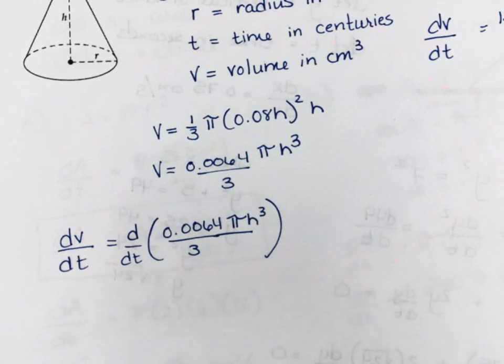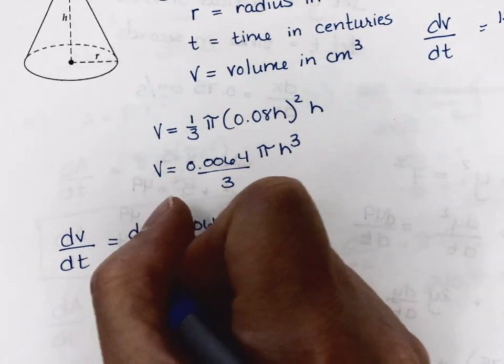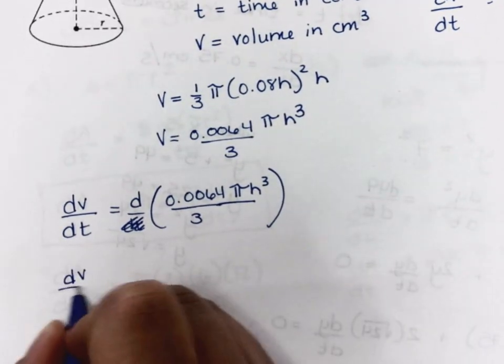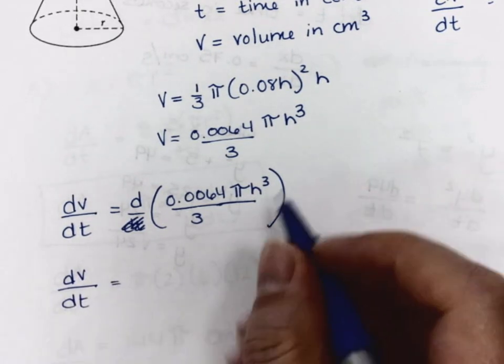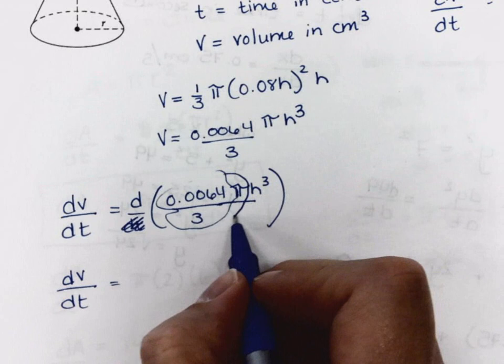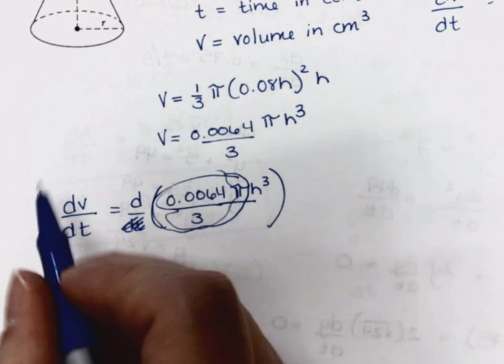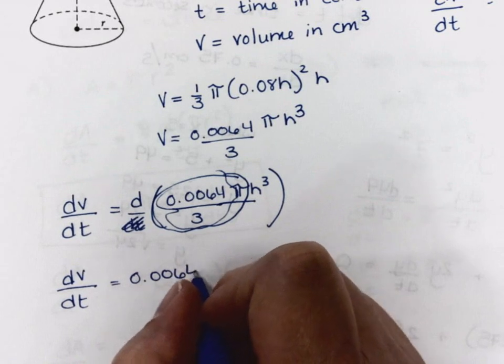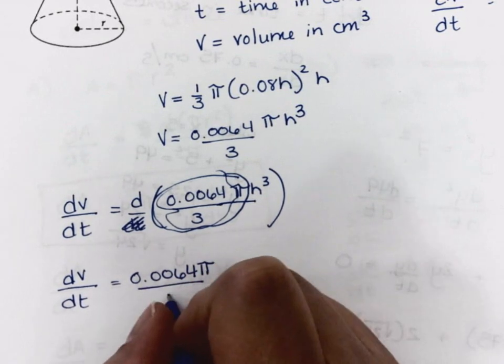Okay, so we're going to use our laws. I'm scratching out that dt for right now. For dV dt, we're going to bring this out front, forgot my pi symbol in that, because that is a power rule.